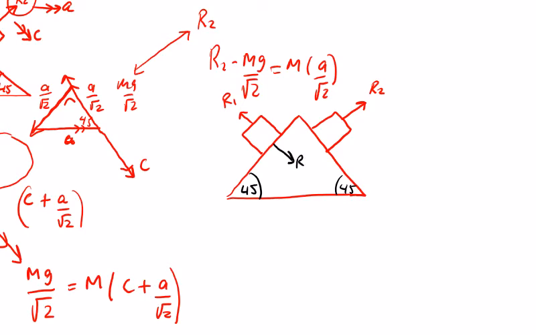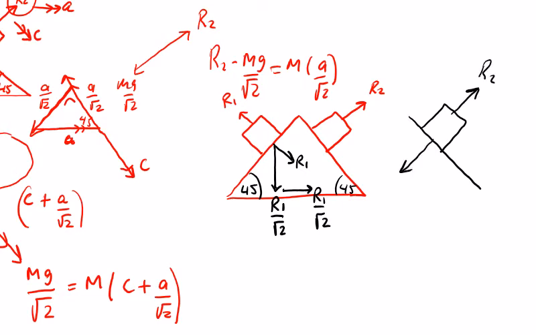So that's R1. Straight down is R1 cos 45, which is R1 over root 2. And in this direction, we also have R1 over root 2. If I just do the right hand side out again, R2.